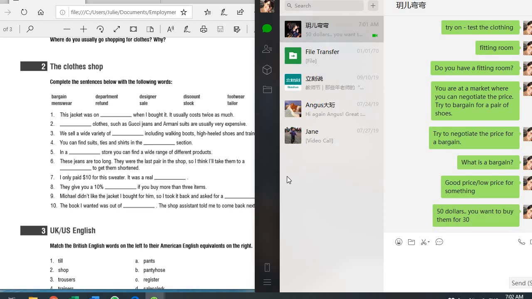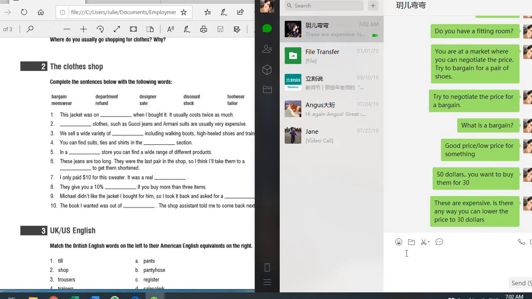Can you give me a discount? I want to buy them for $30. Perfect, good, exactly. So these are expensive, and is there any way you can lower the price to $30? Exactly, good, perfect.